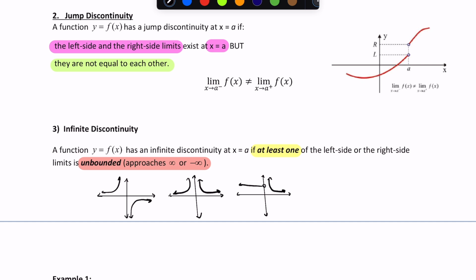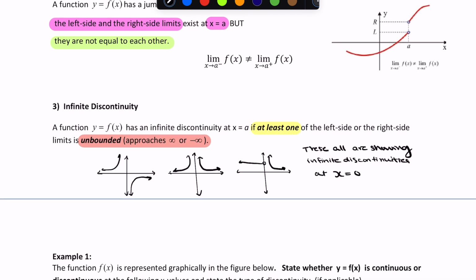So again, let's write that down: these are all showing infinite discontinuities at x equals 0.